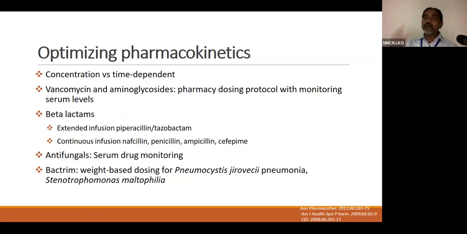And for concentration dependent antibiotics, the trough levels are more important, peak levels are not important, such as aminoglycosides and vancomycin, where a single 24-hourly, that is OD dose, is better as compared to multiple doses in a day.